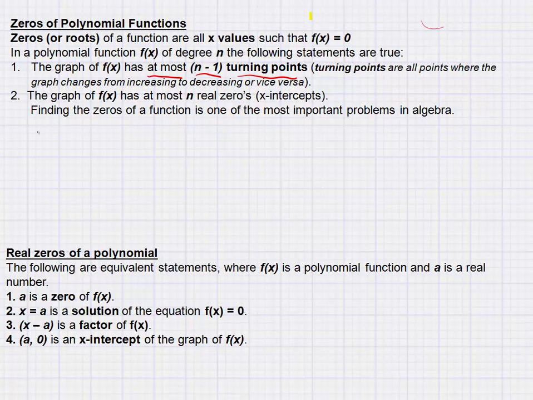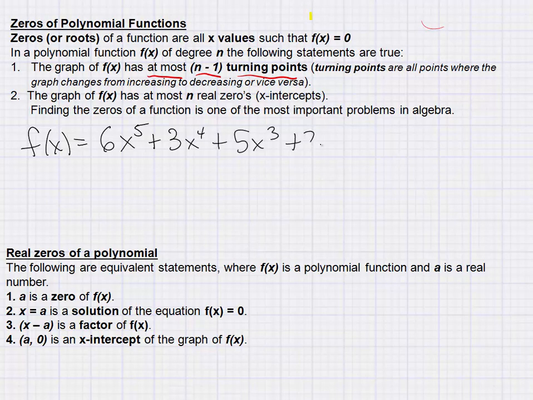If you're going to have less than it, it should still be an even number. So say f of x equals 6x to the 5th plus 3x to the 4th plus 5x cubed plus 2x plus 1. Here is my polynomial function. The degree is 5.